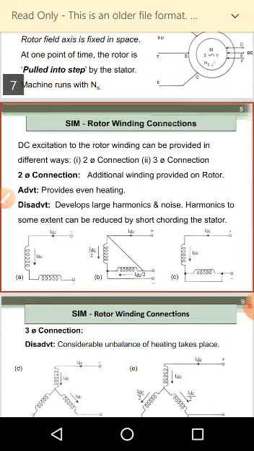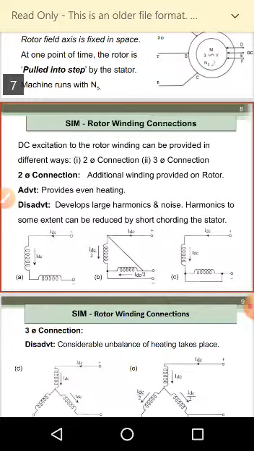One advantage of providing another 2 phase winding is that heating over the winding will be uniform. The disadvantage is that this makes the machine more bulky and develops harmonics and noise.